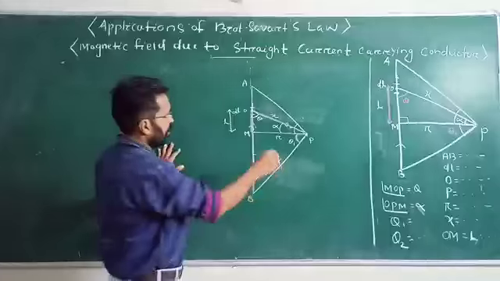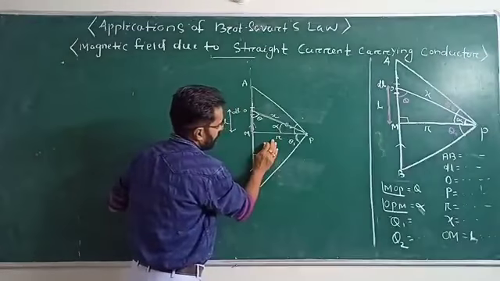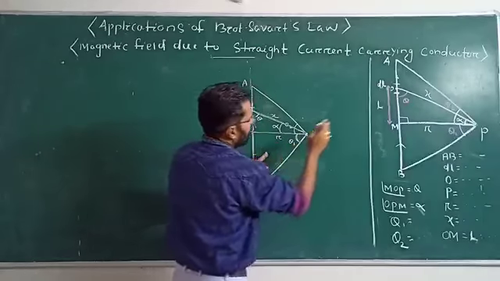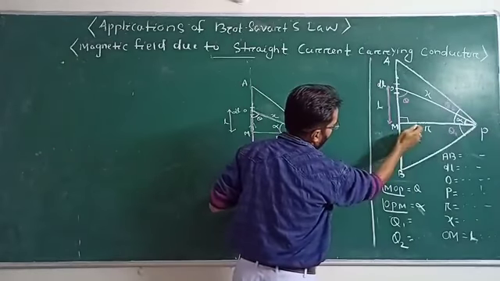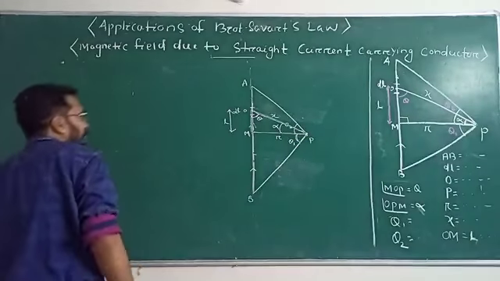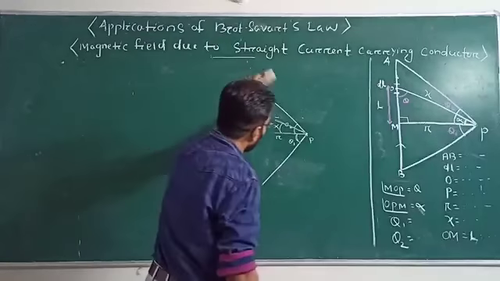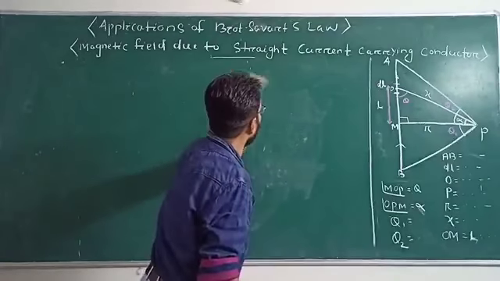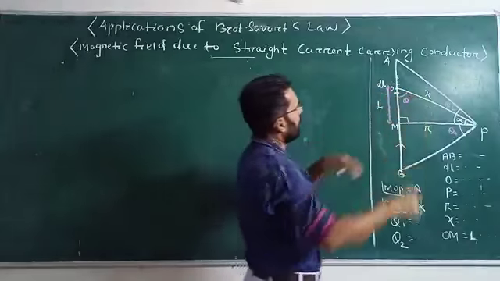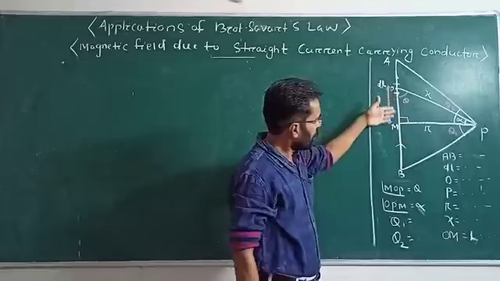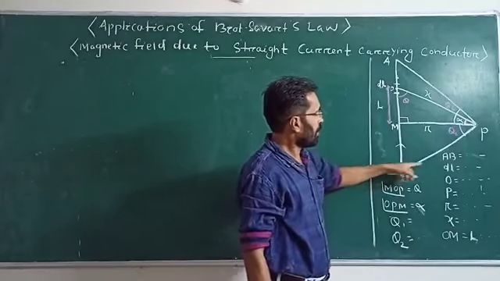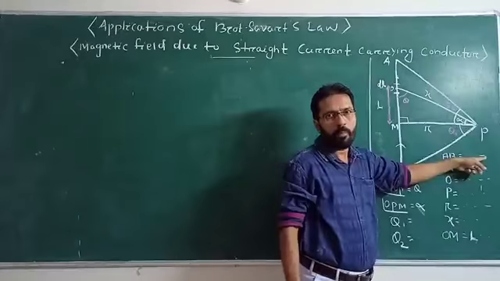Okay, students, I have drawn the picture here, and we will explain about the picture. We have to write the explanation about the picture first. Here you write: AB is a straight current carrying conductor.